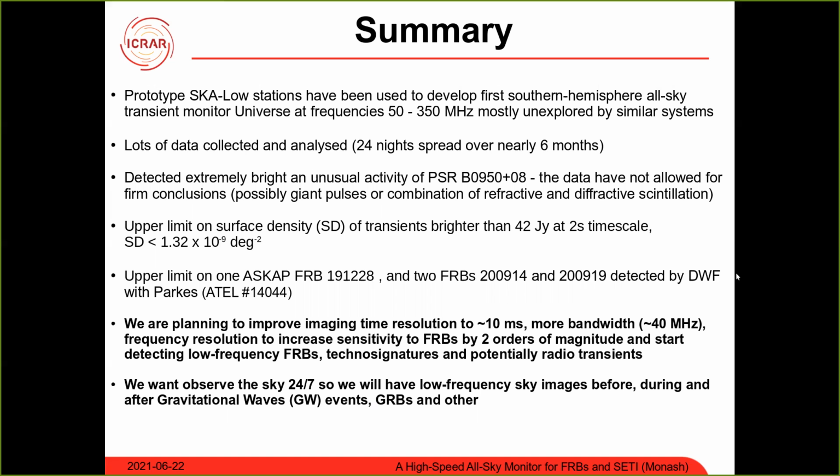And other than that, if we observe 24/7 and have all-sky images, then whenever anything interesting goes off in the sky, transient-wise, such as a gamma ray burst or a gravitational wave event, we should have images before, during, and after such an event. So this should be very precious data.